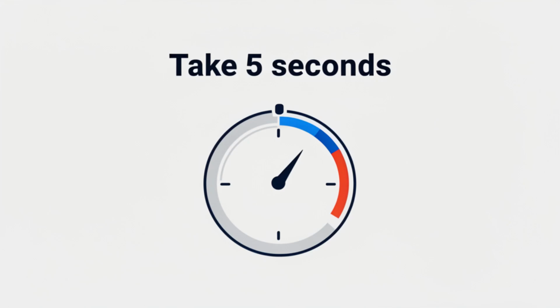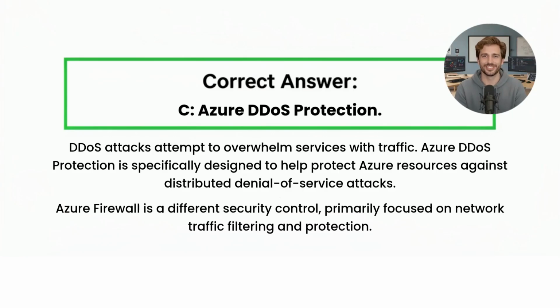Take 5 seconds before answering. The correct answer is C. Azure DDoS Protection. Explanation. DDoS attacks attempt to overwhelm services with traffic. Azure DDoS Protection is specifically designed to help protect Azure resources against distributed denial-of-service attacks. Azure Firewall is a different security control, primarily focused on network traffic filtering and protection.